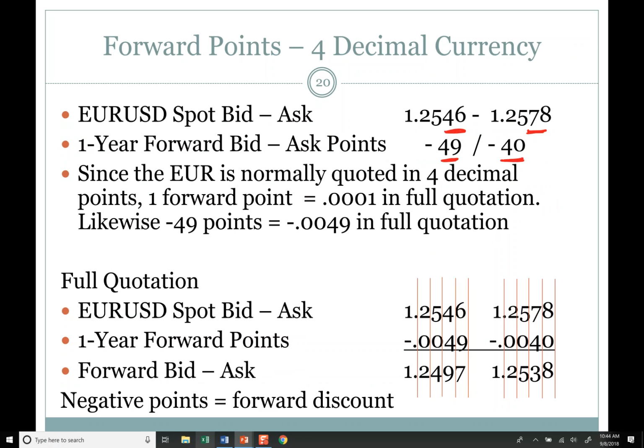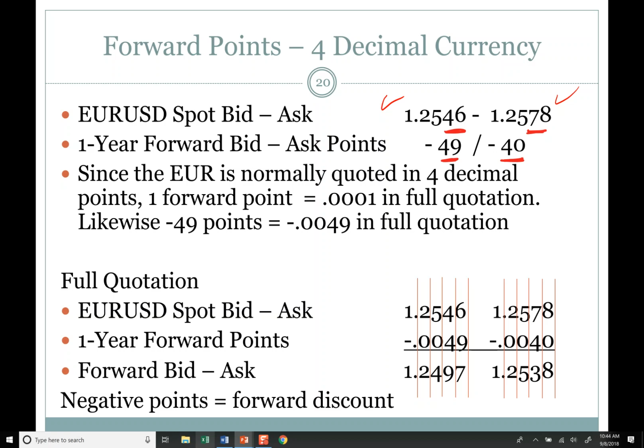You call the bank or go to your Bloomberg machine. You look up the current spot price, today's price of the euro, and it says 125.46, 125.78. I got this a few years ago. Why are there two exchange rates? We're going to deal with those a little bit later. Well, one's a price to buy currencies, one's a price to sell currencies, right? They're a middleman, just trying to make money between the buyers and the sellers.